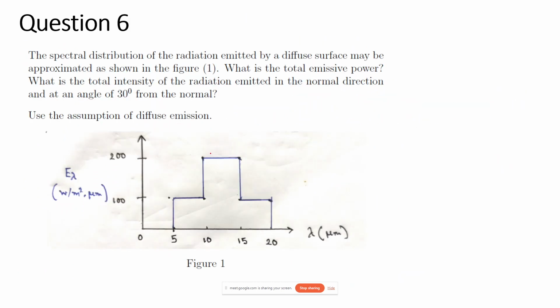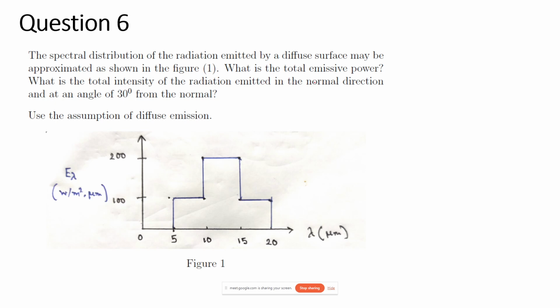So now let's take a look at this question number 6. In this question, we have been given that the spectral distribution of the radiation emitted by a diffuse surface may be approximated as shown in figure 1.